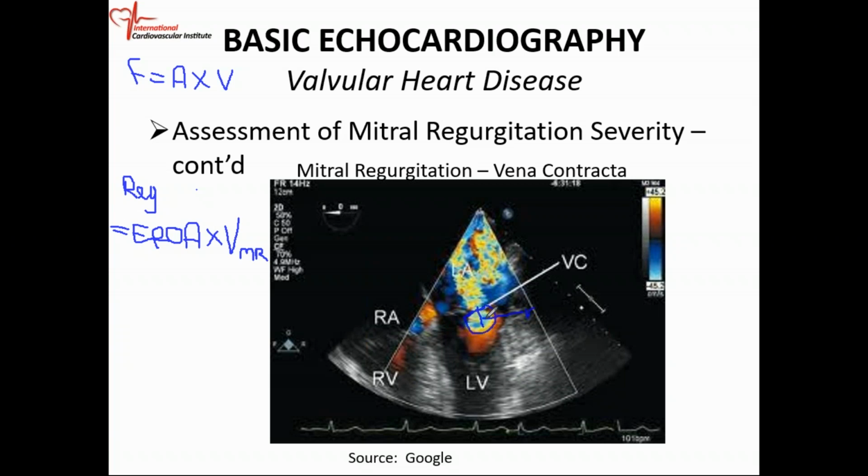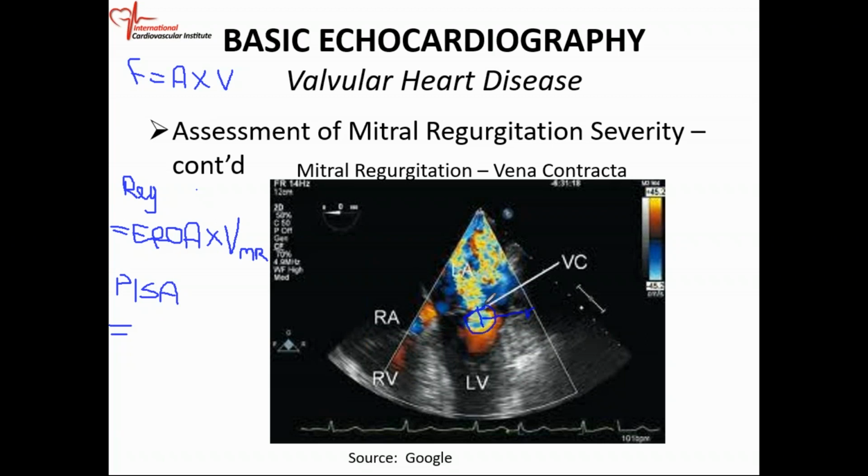Okay? And we say that this regurgitant flow is going to equal the flow at PISA. The flow at PISA. All right, so the PISA flow, so flow is always equal to area times velocity.